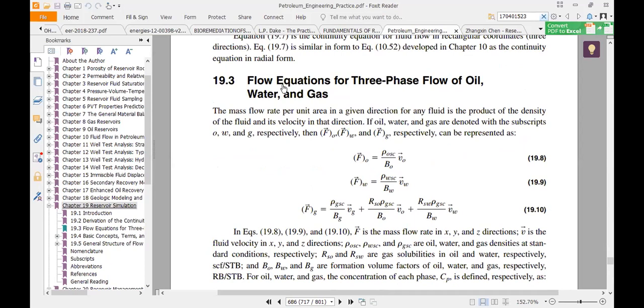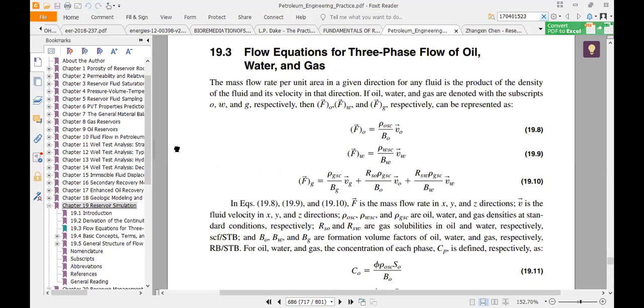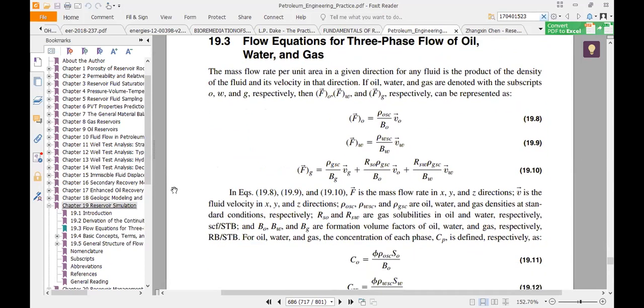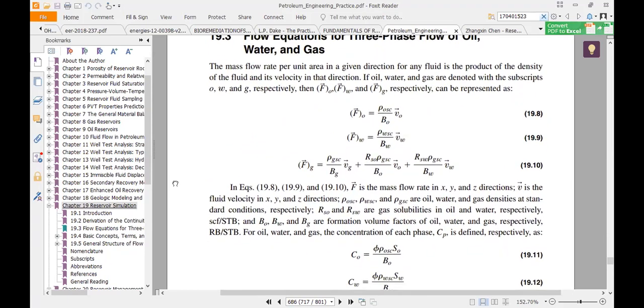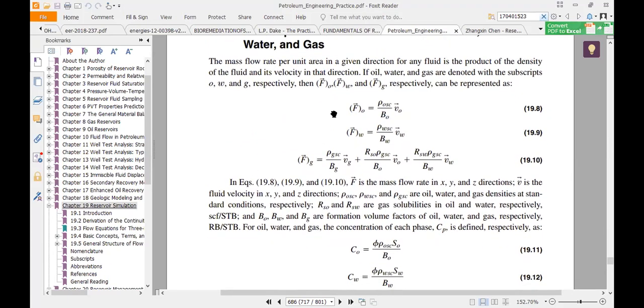In addition to the continuity equation, you would need to explain what the F is, which I said was mass per unit area.